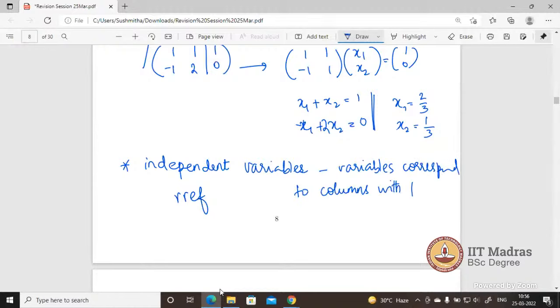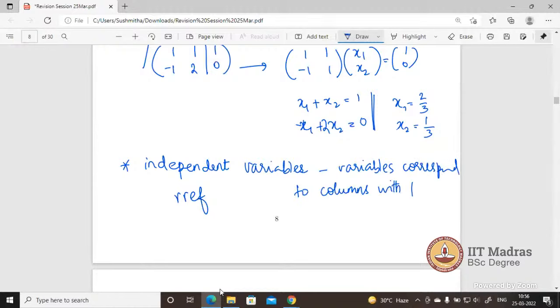So say x1, x2, x3. Is it referring to a row without a pivot? No, it's a column, because my first column corresponds to my first variable, right? The first column is the coefficients of the first variable. Here, I have this system, right?